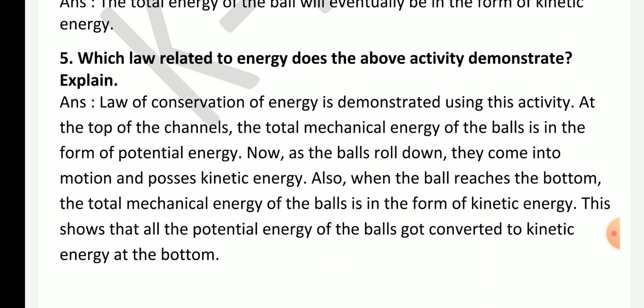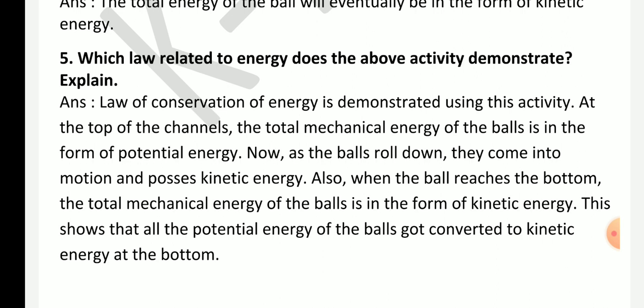At the top of the channels, the total mechanical energy of the ball is in the form of potential energy. Now, as the ball rolls down, they come into motion and possess kinetic energy.